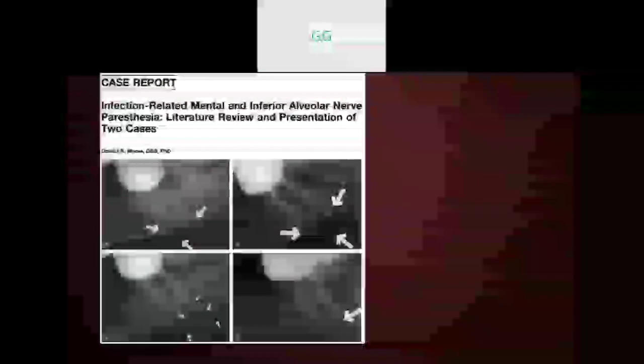And these sealer extrusions can be really harmful in case of lower molars. So this is another case report that discusses infection-related mental and inferior alveolar nerve paresthesia that was created due to this sealer puff.